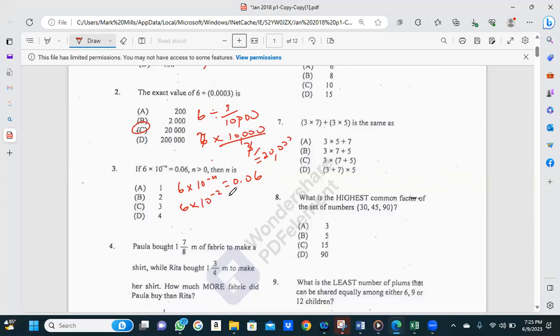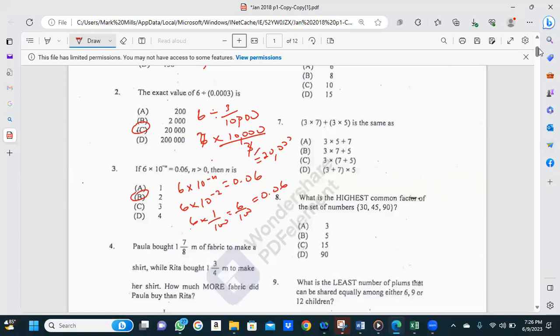Now this will give me 6 times 1 over 100, which will give me 6 over 100. Then you end up getting 0.06. So the number you are looking for is 2, right? Everybody see that? Because 10 to negative 2 is the same thing as 1 over 100. You multiply 6 times 1 over 100, you get 6 over 100. Then when you divide, you get 0.06. We clear?